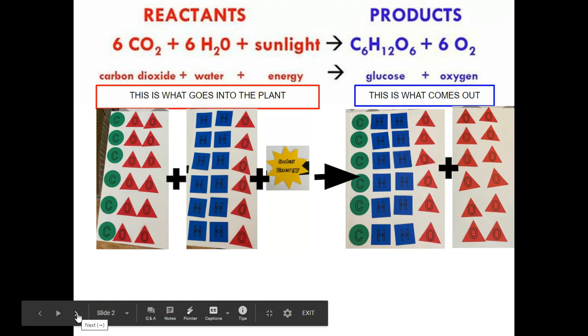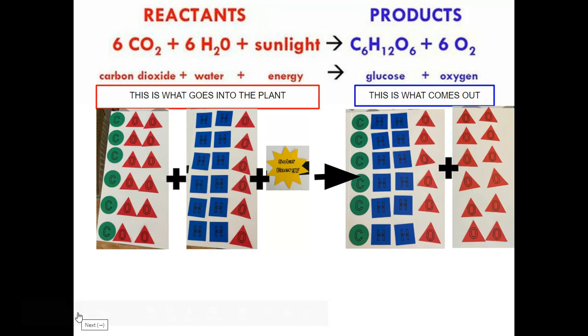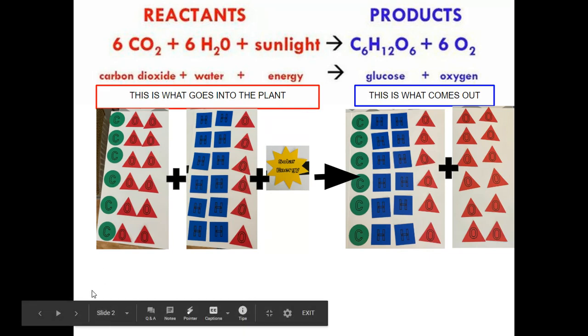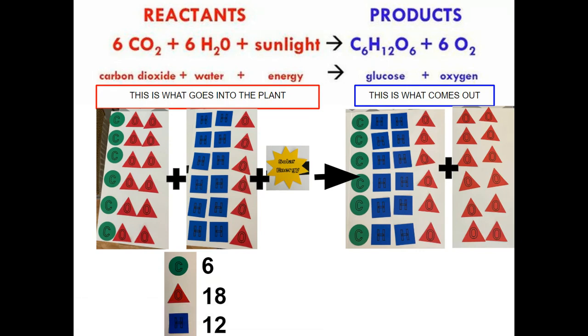What we want to see in this equation, and in your model, just like you can see in this paper model, is that on the reactant side, we have 6 carbon, 18 oxygen, and 12 hydrogen. There's 6 carbon from the CO2, 12 oxygen in the CO2, 12 hydrogen in the H2O, and 6 oxygen in the H2O. That adds up to 6 carbon, 18 oxygen, and 12 hydrogen.